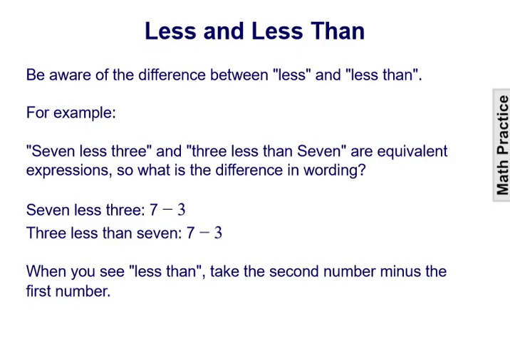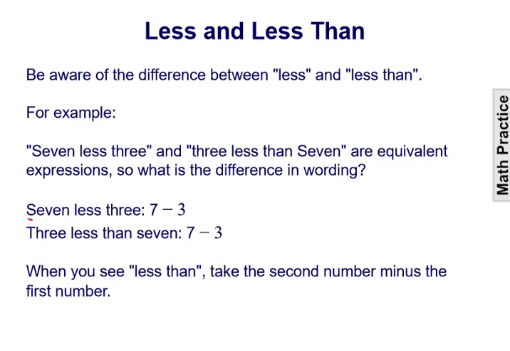Now we have to be careful with some words, especially less and less than. We have to be aware that there is a difference. Now, for example, we have 7 less 3 and 3 less than 7. These are equivalent expressions. So what is the difference in the wording? Right? So first we had 7 less 3.